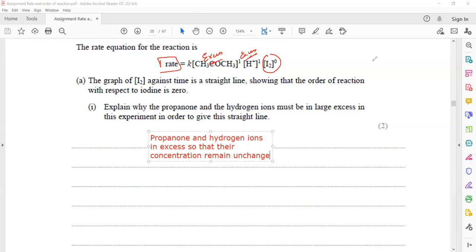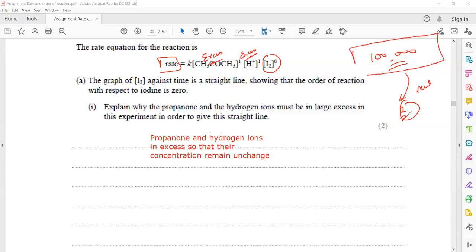For example, if I have 100,000 molecules of hydrogen ion and propanol, and out of 100,000 only 2 or 3 molecules react, then when we compare the change, it is negligible. So when we have something in bulk and a small quantity is used, we can consider it negligible. That's one point.